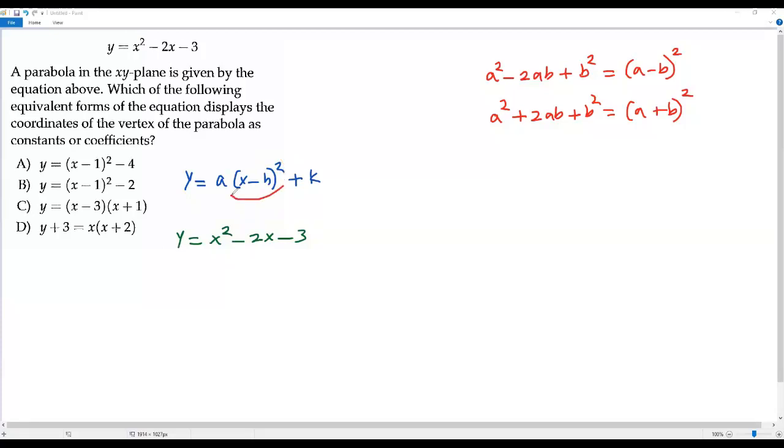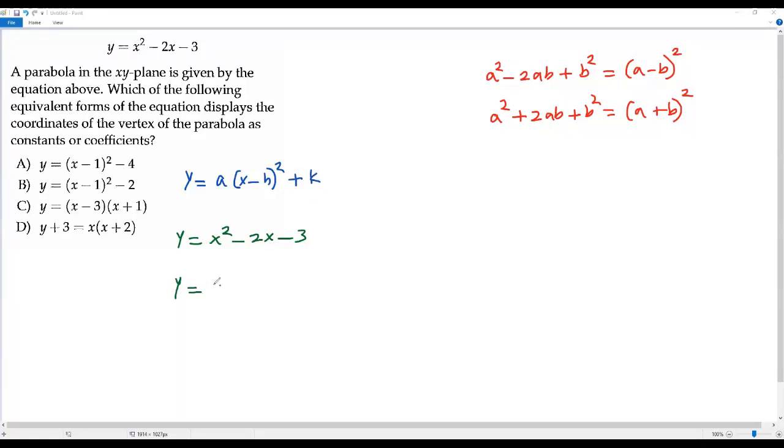To get the square of the binomial, we need a perfect square trinomial. So for that, we have to write the expression on the left side either in the form a squared minus 2ab plus b squared, or in the form a squared plus 2ab plus b squared. Okay, let me try to write the given expression in the form of one of these two trinomials.